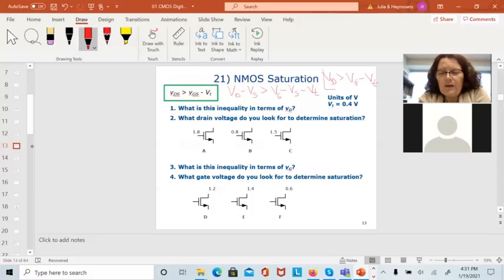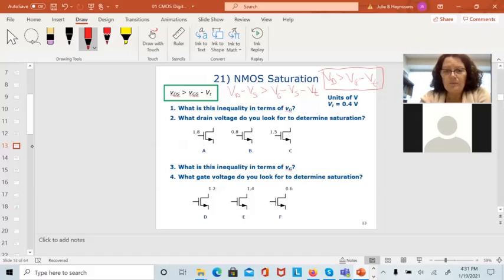That inequality gives you the borderline value for VD, the minimum value of VD to keep it in saturation, which is whatever VG minus VT is.